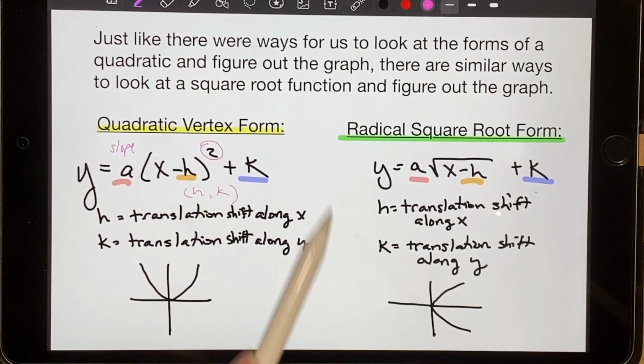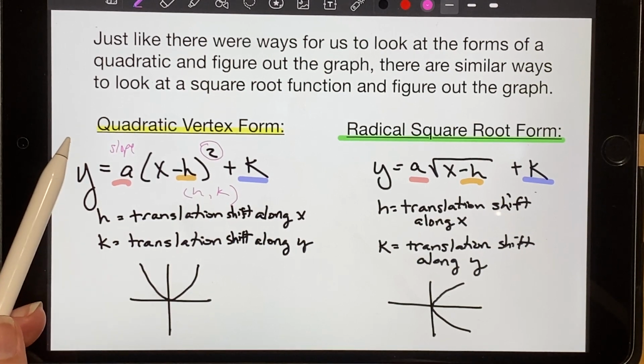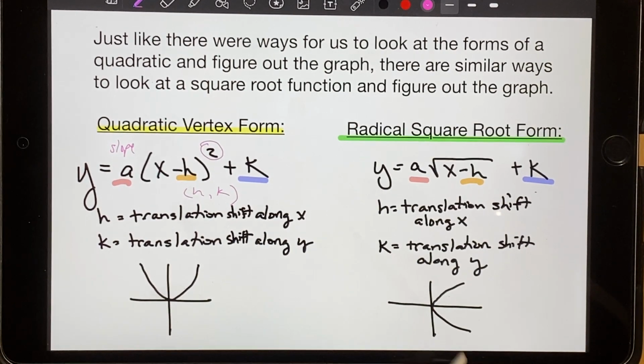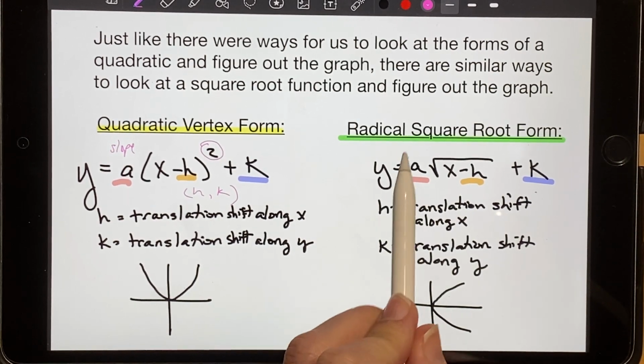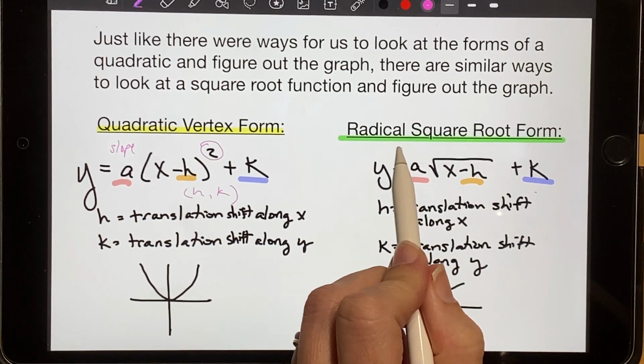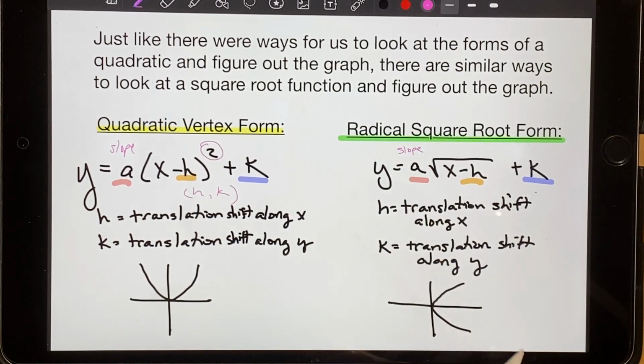So let's take what we already know about our quadratic vertex form and look at our radical square root form. So here's our quadratic, here's our radical. They're right next to each other. They look almost identical. There is still an A value. The A value is still what we like to call our slope term. There's an H value.